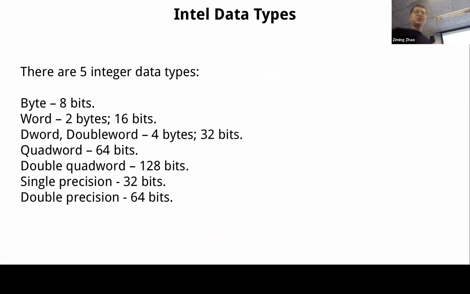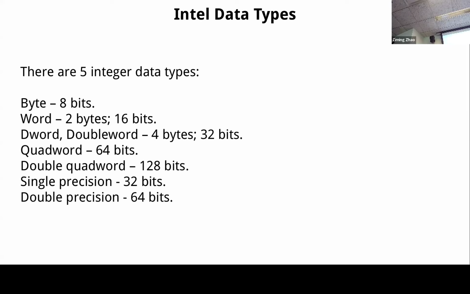On this Intel architecture, we first need to remember how big data is. Obviously, 1 byte is 8 bits. That's the same almost everywhere. Then a word is 2 bytes or 16 bits. A double word is 4 bytes, 32 bits.